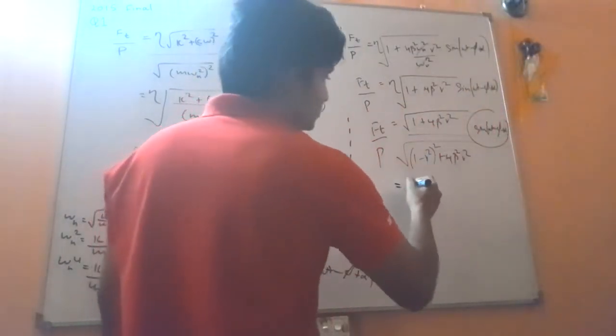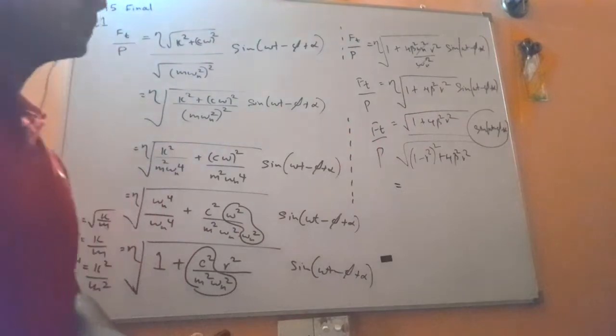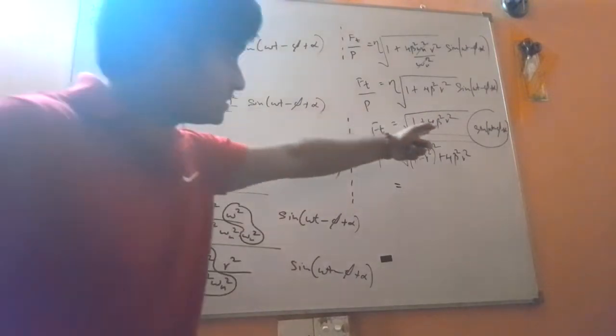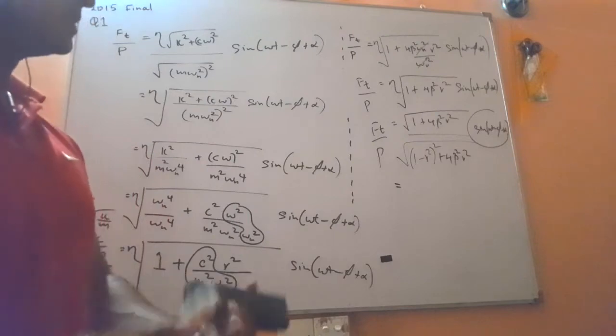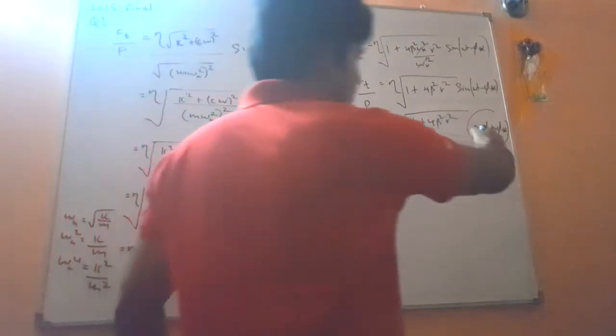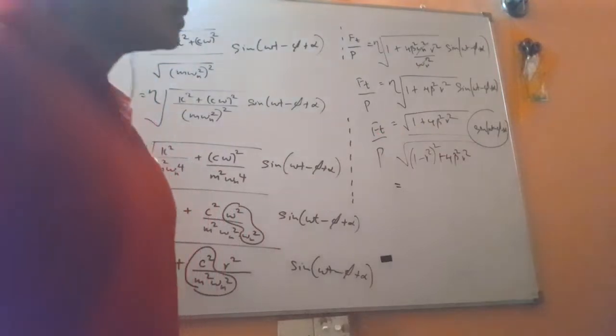You can't say it's a constant because you can change these values according to your requirement. But since it is a ratio, you do not have to worry about that sine part.